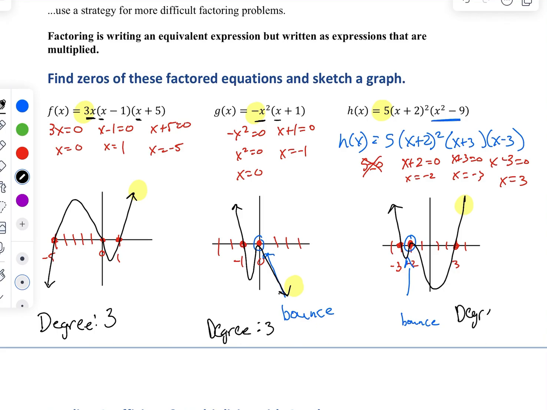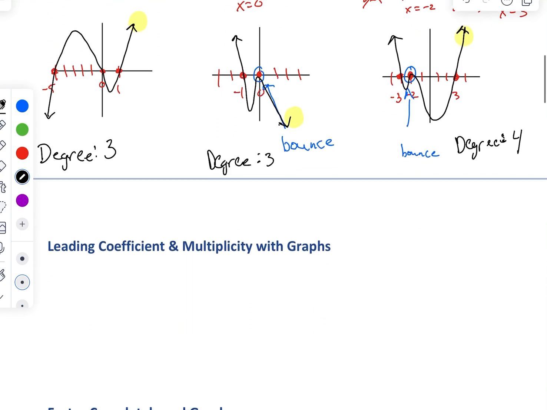So my degree is 3 for that one as well. And for this last one, you can look at either one. But here, this x plus 2 squared, I have 2 of them there, and then this x squared, I have 2 of them there, so that's a total of 4 for that. So if you notice with these odd ones, the ends go opposite directions, and with this even degree, the ends go the same direction, in this case, both up.